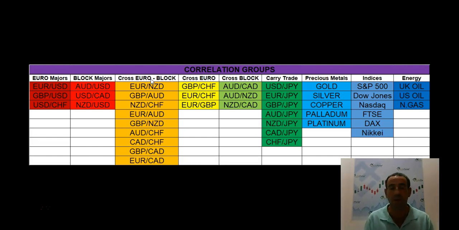So we're going to dive in and take a look at that. That's going to be interesting. But the main point is that all of those currencies coming from the Eurozone are going to outperform those currencies coming from the block commodity group. This is the main idea.